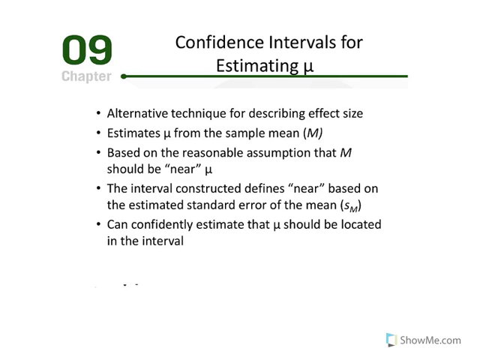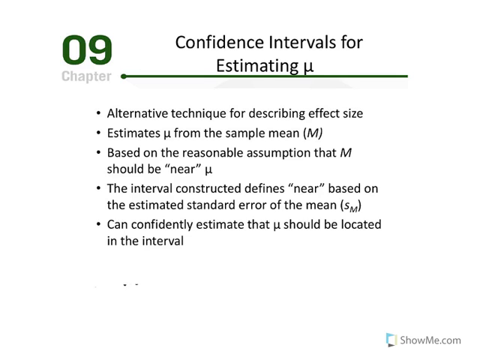Now, we're going to try to estimate what we would anticipate in the example of the infants looking at these different faces, what the average amount of time spent on the attractive face would be if we had access to all infants in the population. So we want to estimate what mu is equal to.